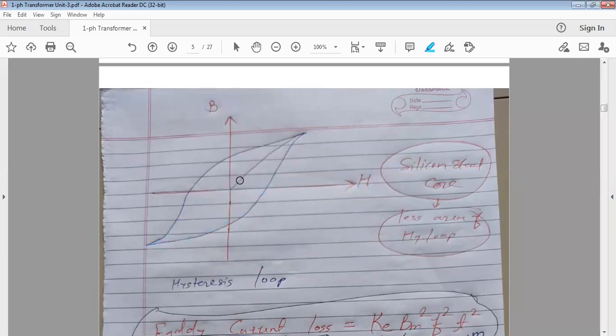Once you plot, you will get all points and join them together, and you get the hysteresis loop like this.